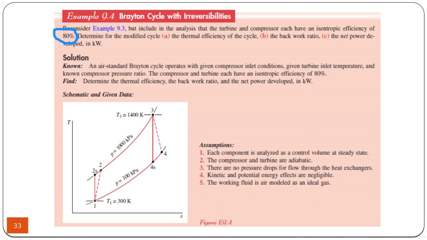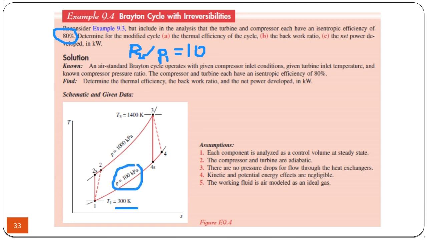So we will be using the pressure ratio to be the previous one, which was 10. And temperatures and the pressures at the inlet of the compressors are the same. So the temperature is 300 at the inlet of the compressor. The air pressure is atmospheric.